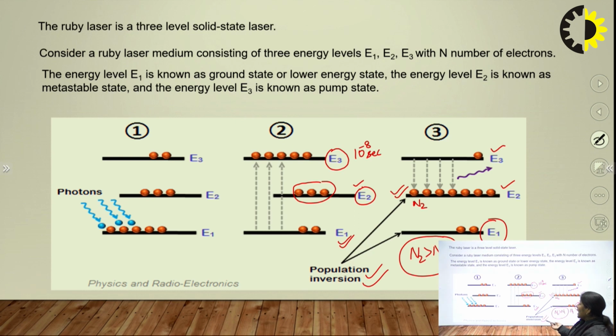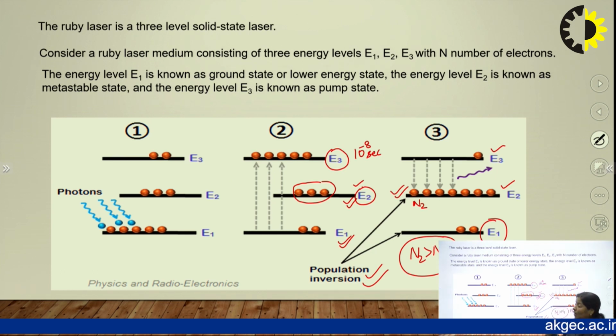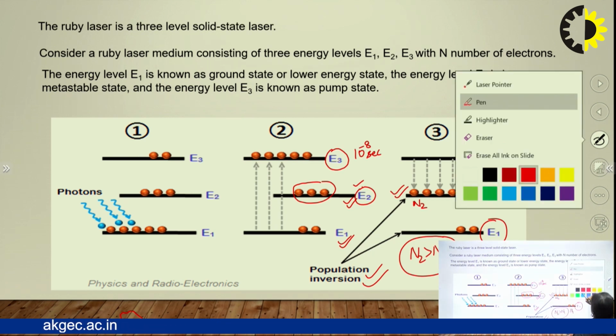So we must understand that this energy level E2 has a very important role in the generation of population inversion and hence in the generation of the laser beam. This energy level E2 lies between the lower energy level and the excited energy level, and that is why it is given a particular name. It is called the metastable state.